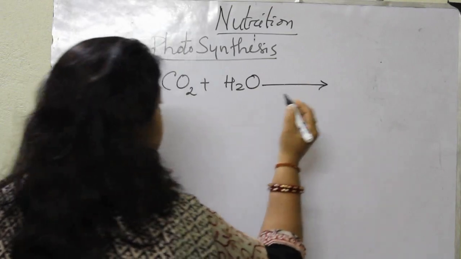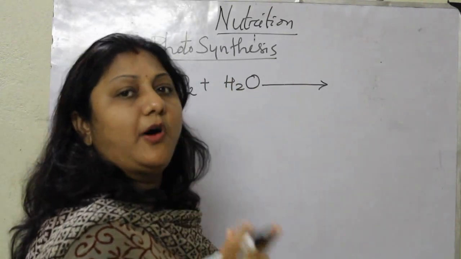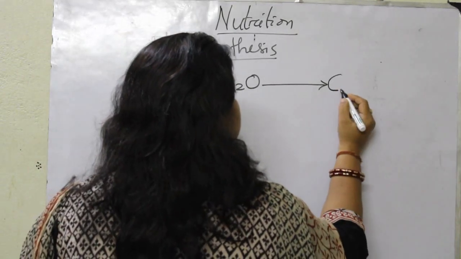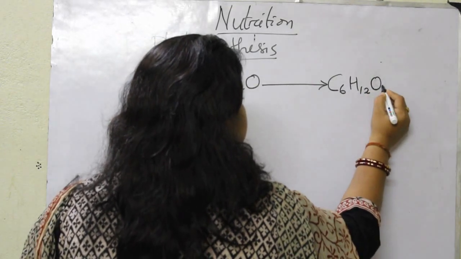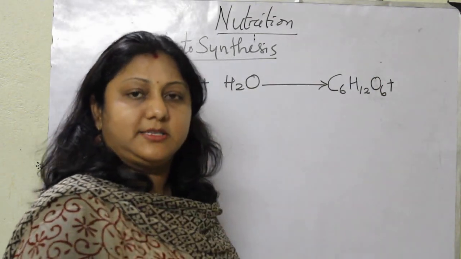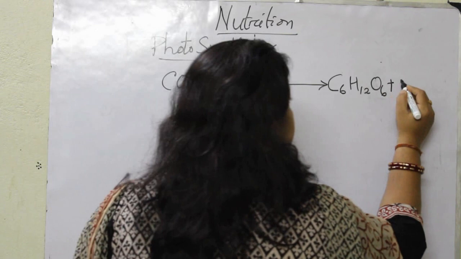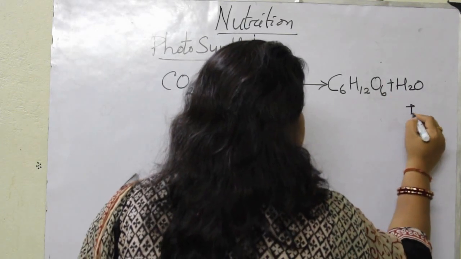It gives us the carbohydrate, the simple carbohydrate in the form of glucose. The formula for glucose is C6H12O6, plus the byproducts of this particular life process, which are water and oxygen.